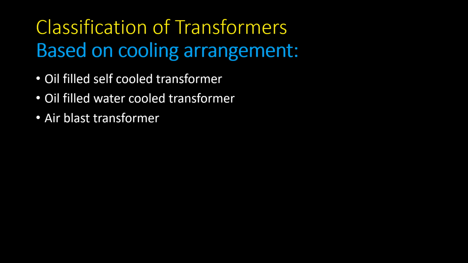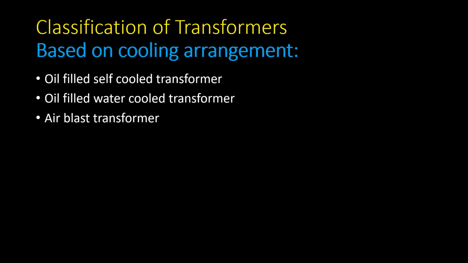The second one is oil-filled transformers for outdoor applications. In that case we have an oil-filled water-cooled type arrangement. And for voltages below 25 kV, we can have a choice of air blast type cooling.